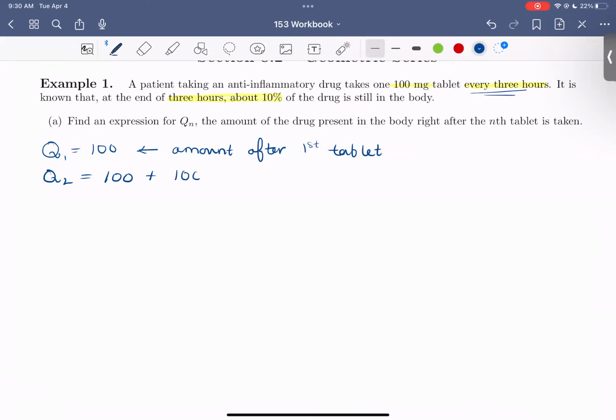So that would then be 100 milligrams, plus 100 times 10% or 0.1. If we compute that out, 100 times 10% is 10, so we get 110. So this is the amount after 2 tablets.